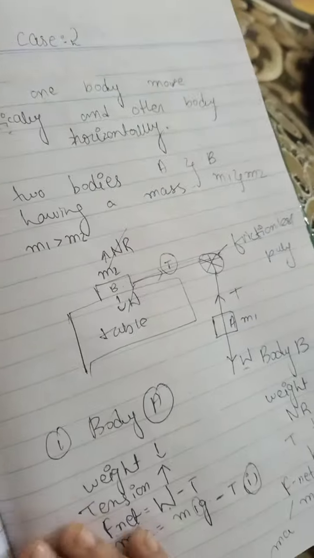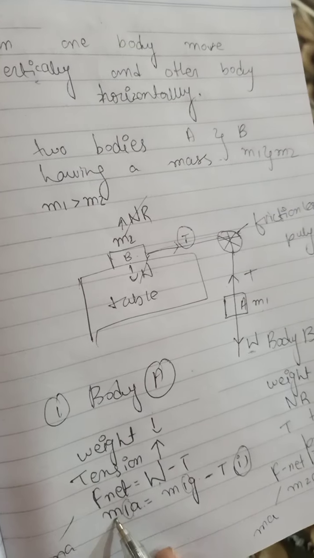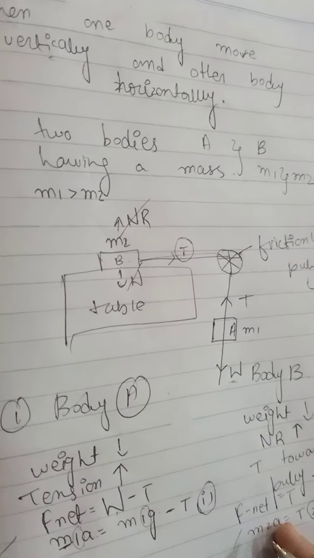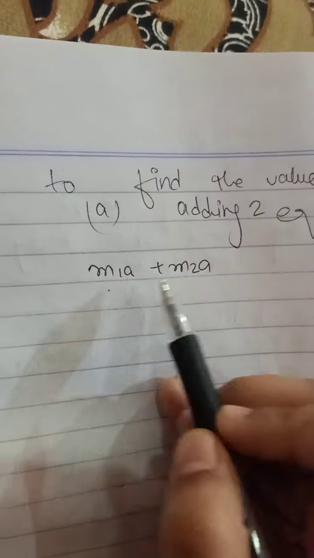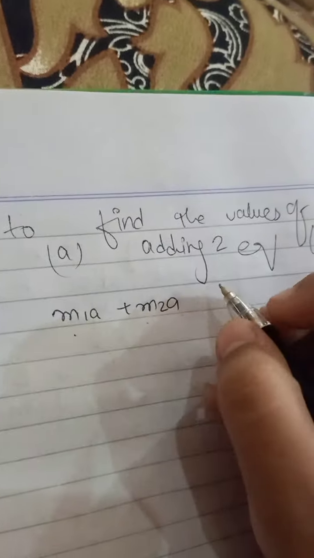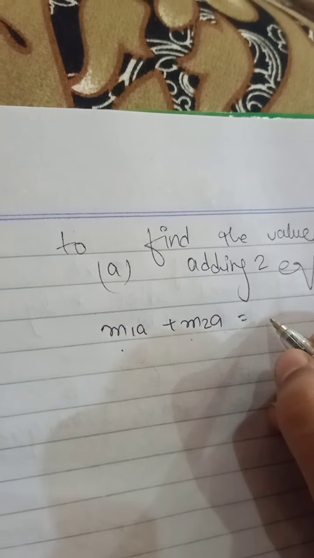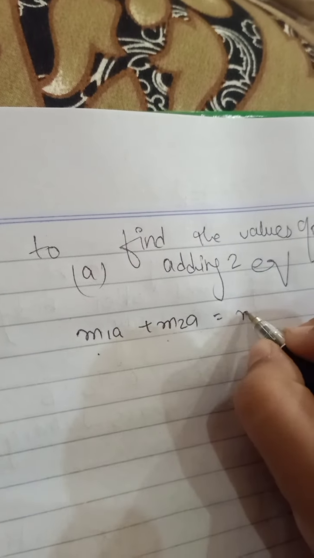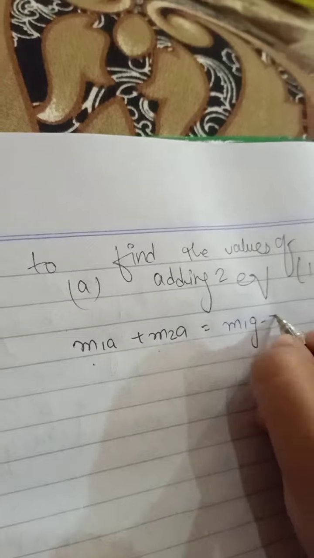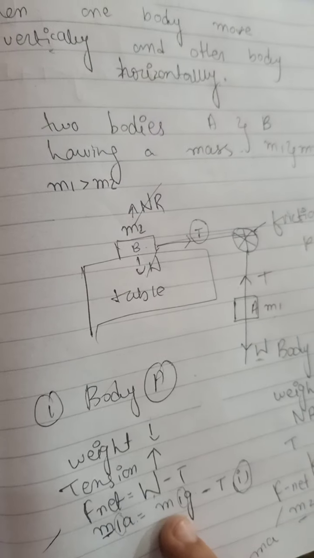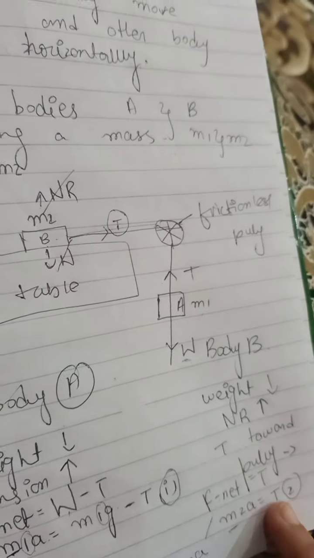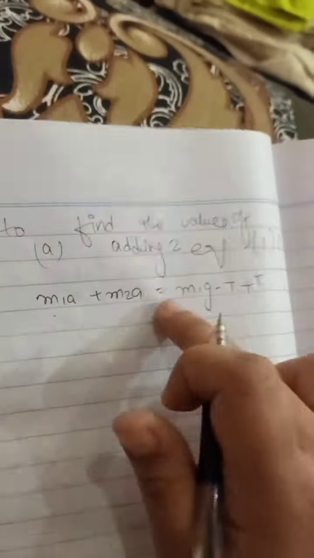So here we have m1a, and here m2a is there. So I write here m1a plus m2a, and for the right side there is m1g minus T and plus T.